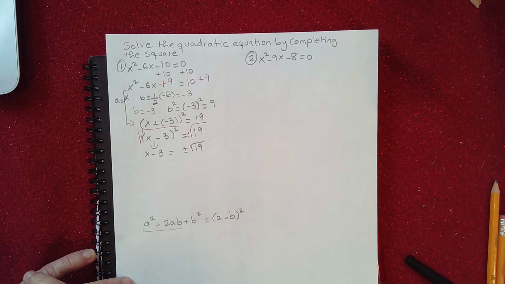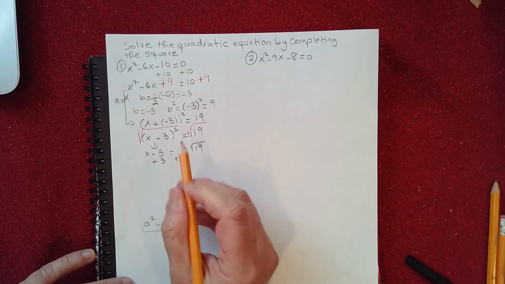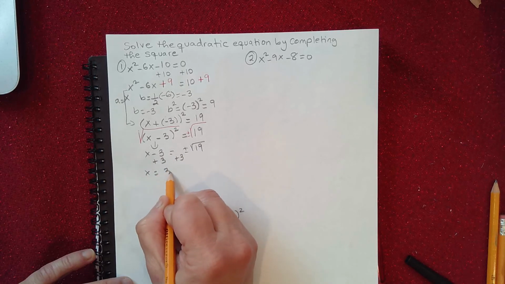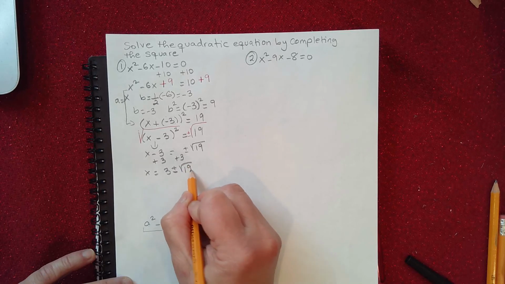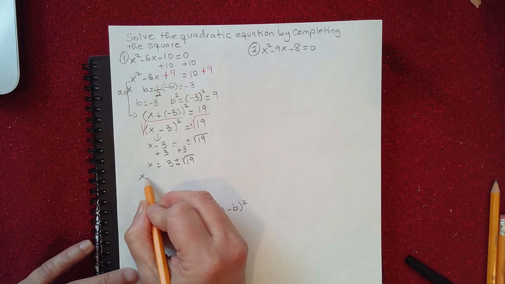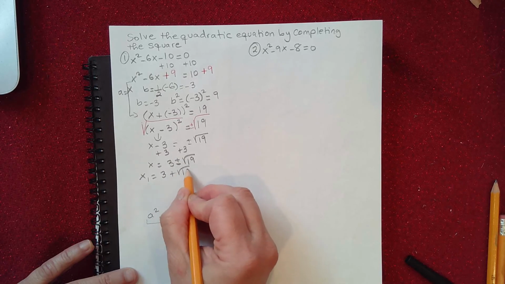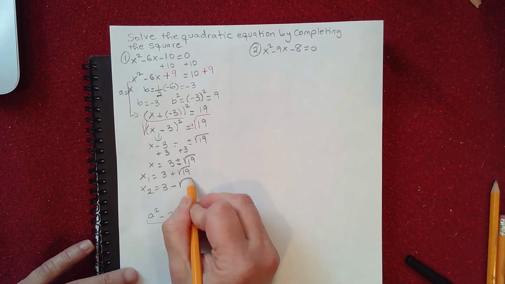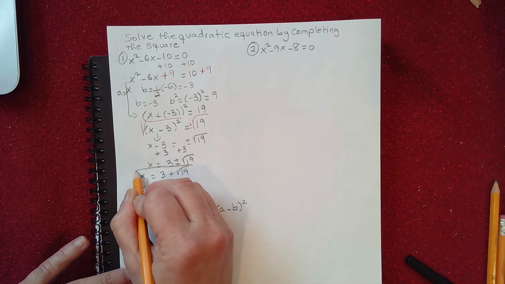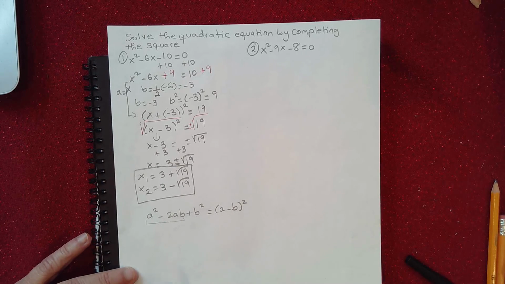Now, solving for x, we add 3 on both sides, and we get x equal to 3 plus or minus the square root of 19. So we have two solutions. x1 is 3 plus the square root of 19, and x2 is 3 minus the square root of 19. So these are the solutions to my first equation.